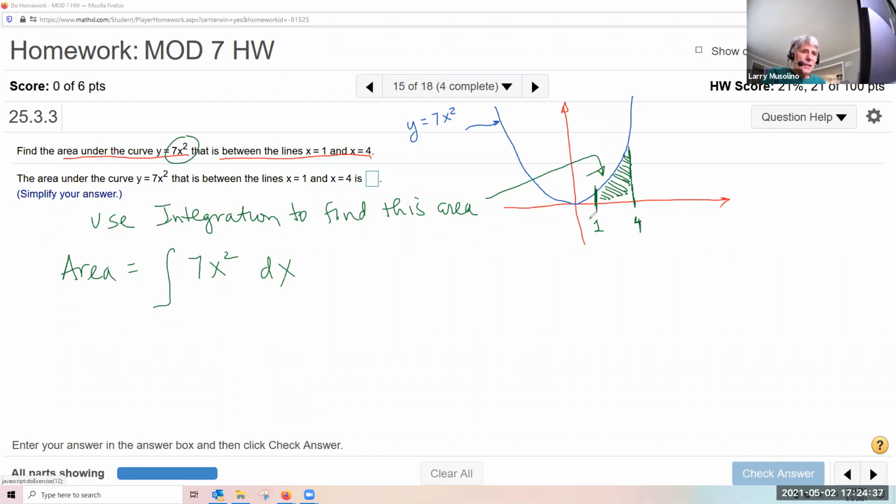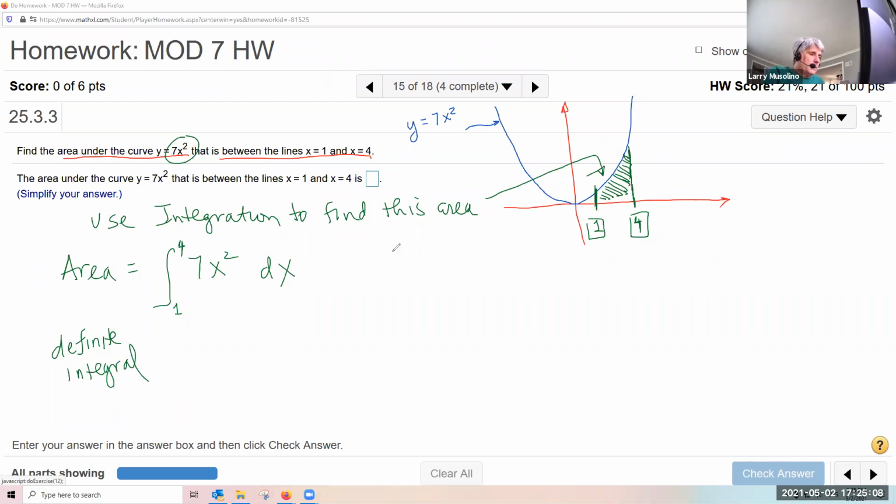Really, what is the left side of the bound for the area and what is the right side of the bound of the area? Well, in our example, the lower bound is 1, the upper bound is 4. We write this on the bottom and top of this integration symbol. When you do it this way, this is called a definite integral. So when you have this lower and upper bound, in our example a lower bound of 1 and upper bound of 4, we call this a definite integral.